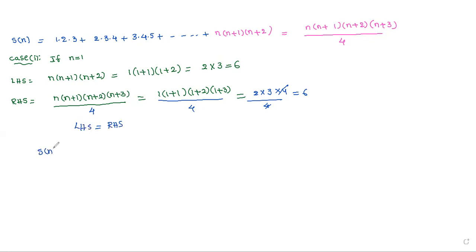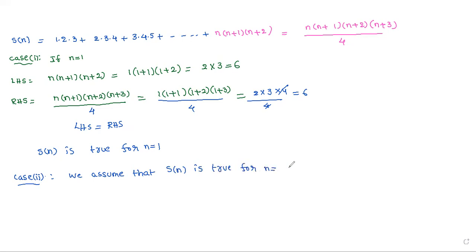S of n is true for n equal to 1. Case 2. We assume that S of n is true for n is equal to k.